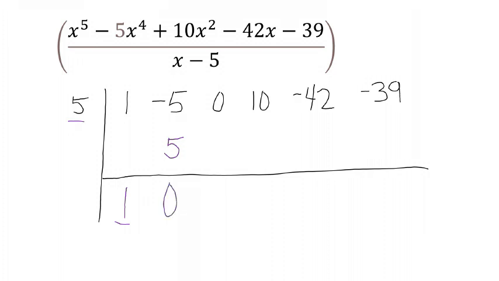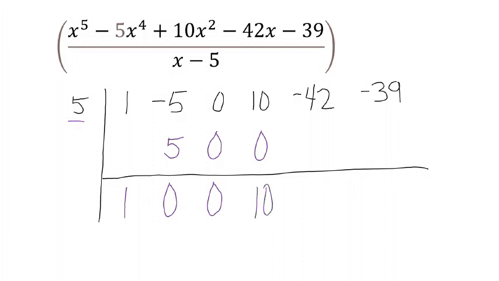Then we repeat again. Multiply our 5 times this 0, and anything times 0 is 0, and we add that to our next column. 0 plus 0 equals 0. Multiply our 5 times this 0, and that gives us 0 again. This time when we add, we get 10: 10 plus 0 is 10.